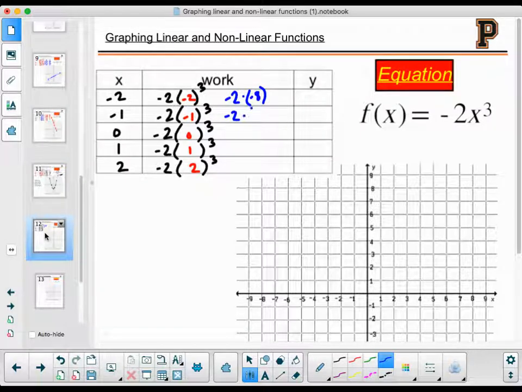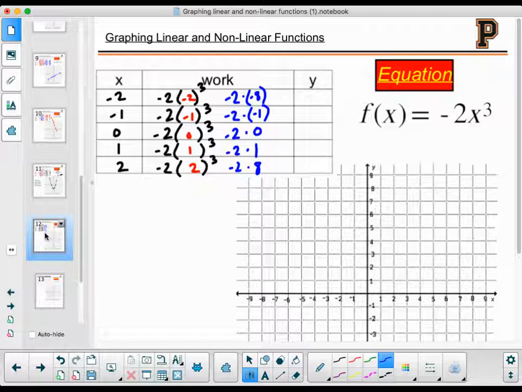So I got -2 times -1. 0, finally an easy one. That's just 0. 1's a little easier as well. 1 to the third power is just 1. And 2 raised to the third power, a little bit easier. That's -2 times 8. Okay?